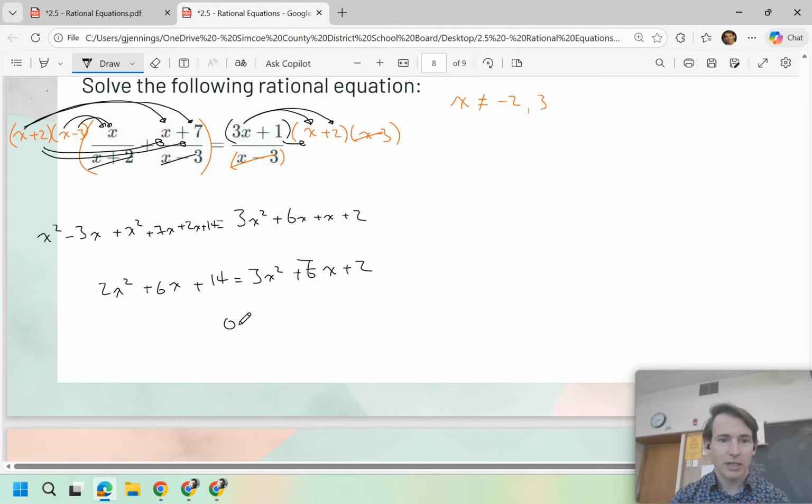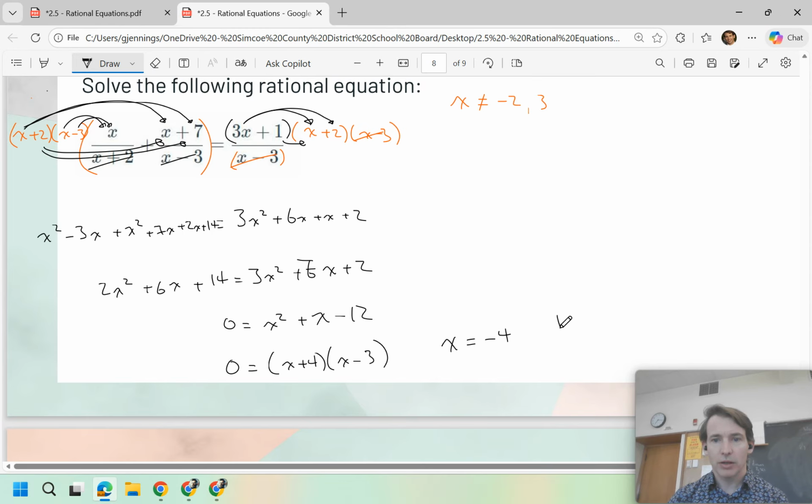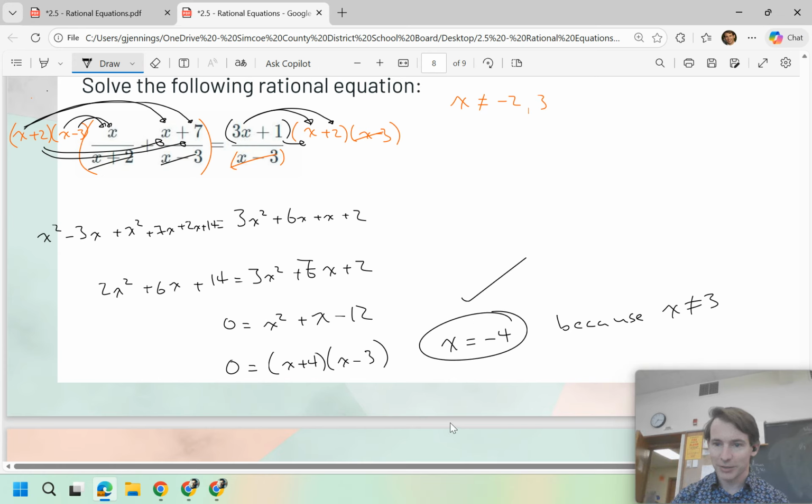Throw it all to one side. 0 equals x squared plus x minus 12. 0 equals x plus 4 times x minus 3. So x equals minus 4, because x cannot equal 3. So this is our lone and only solution. Then we sub it back in and solve and find out that's true, and that's great.